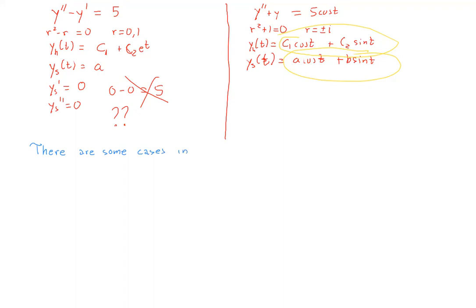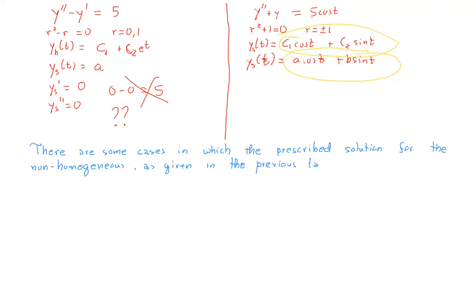In which the prescribed solution for the non-homogeneous equation, as given in the previous table, needs to be adjusted.